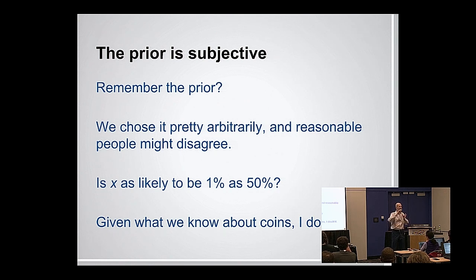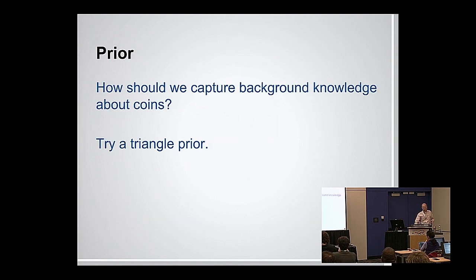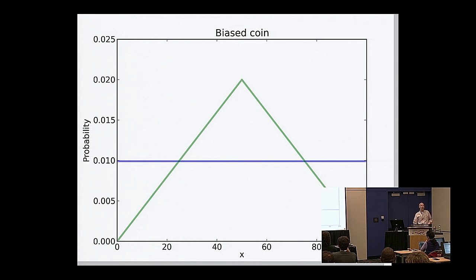If I made something that was really obviously lopsided, like a coin that was concave, then yeah, okay, I believe that. But for a normal looking coin that is not obviously totally off weight, a uniform distribution does not seem like a reasonable choice. So just as an alternative, we could try something like a triangle prior.